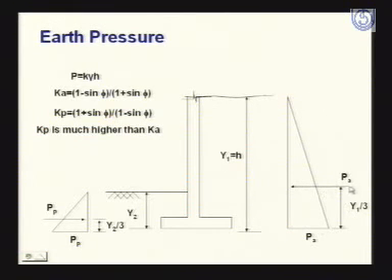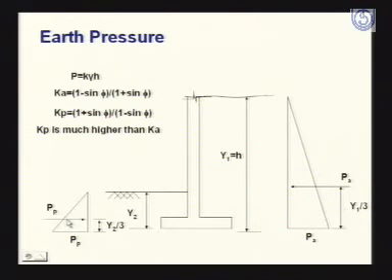Then this pressure acts in the horizontal direction, and at a height of 1/3 of the total height of this retained material. So as you see, y1 is the height of the retained material. So this total active pressure acts in horizontal direction at a height of y1 by 3.